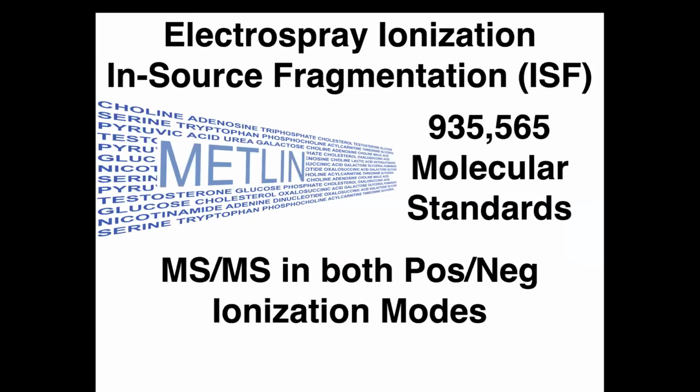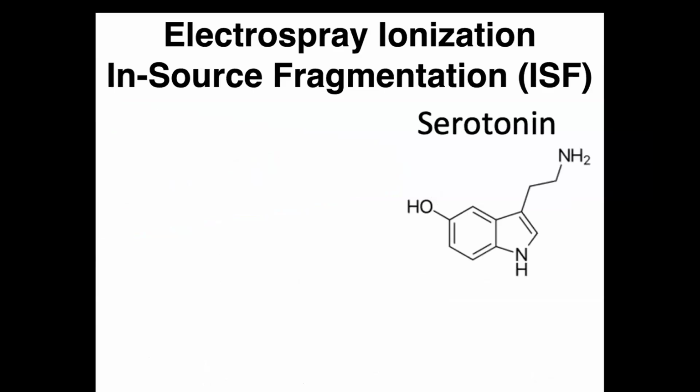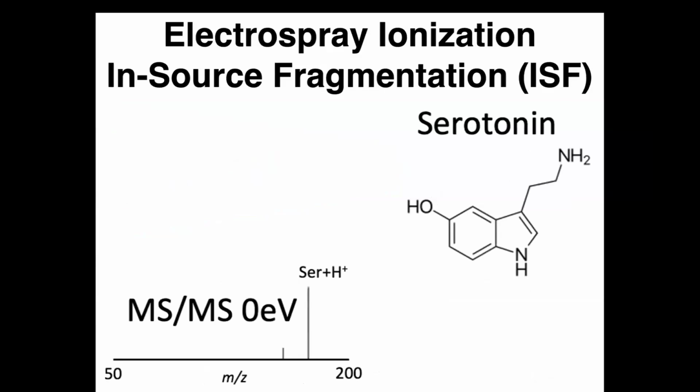And what we did was we looked at the MSMS data in the vast majority of Metlin, over 900,000 molecules, and we looked at it at 0 electron volts because that mimics the in-source fragmentation that's occurring. As you may recall, I said that we generate data in Metlin at 4 different collision energies, and it turns out that 0 electron volts actually mimics in-source fragmentation quite nicely.